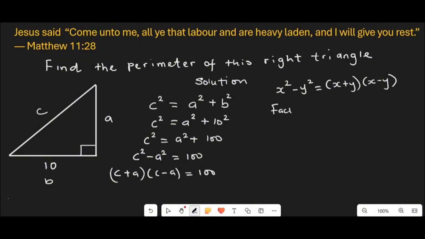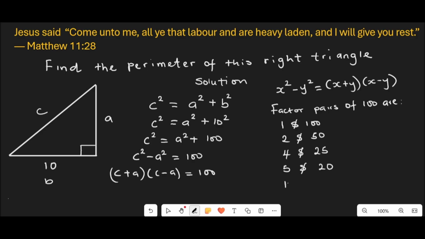Factor pairs of 100 are, we have 1 and 100, we have 2 and 50, we have 4 and 25, we have 5 and 20, we have 10 and 10.